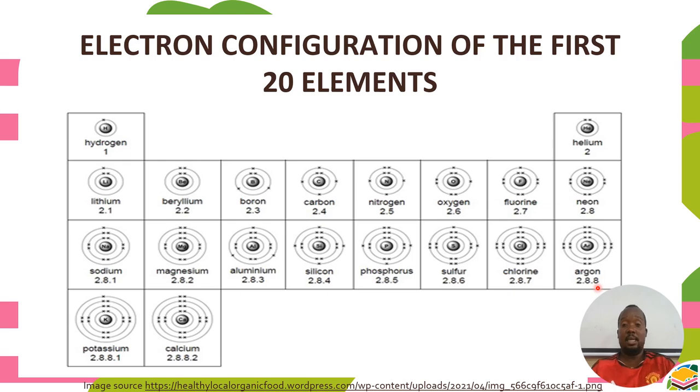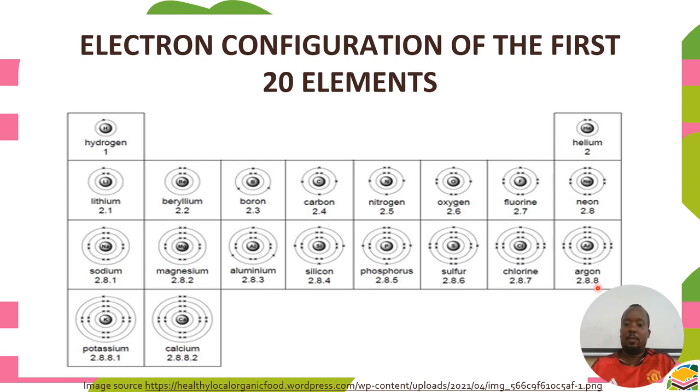So as you can see, electron configuration will also tell you the number of shells. Not only that, it will also tell you the number of electrons. And on top of that, it will tell you the number of electrons in a given shell.